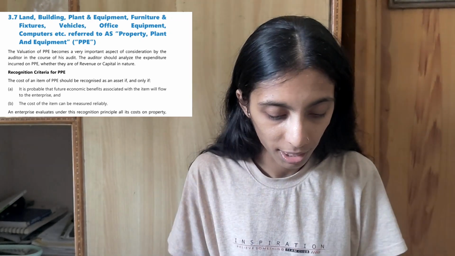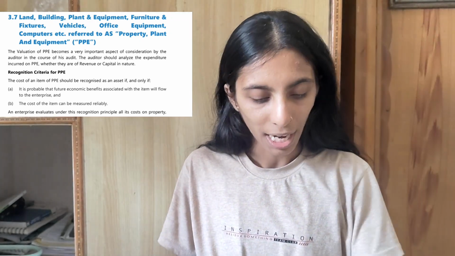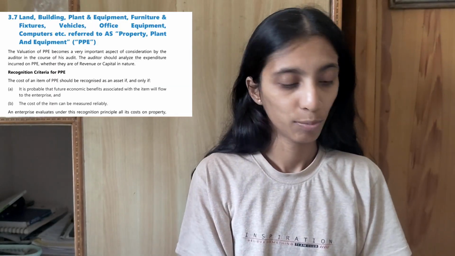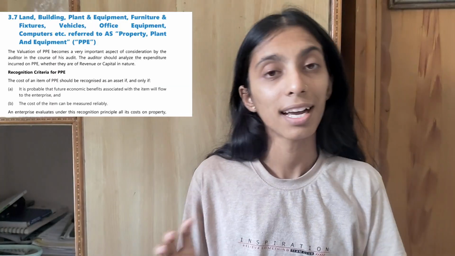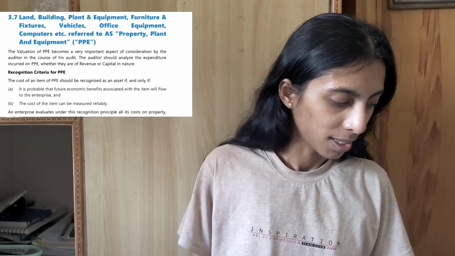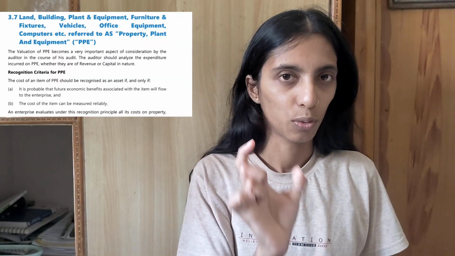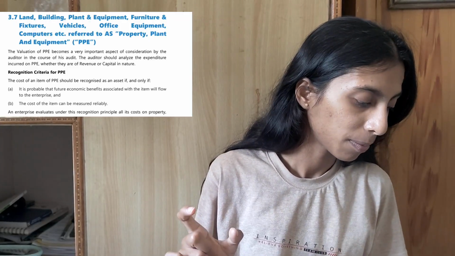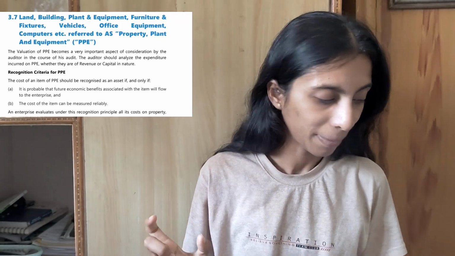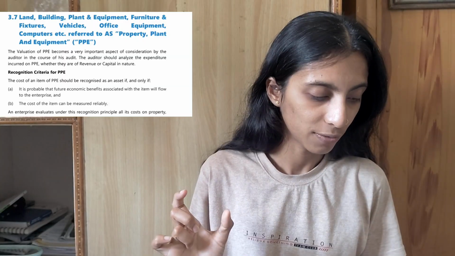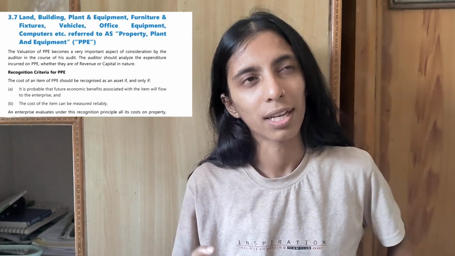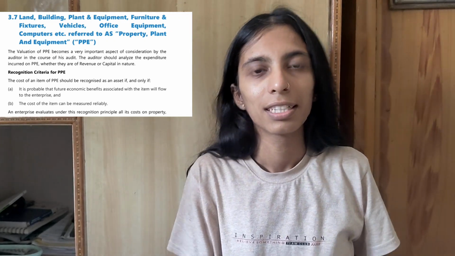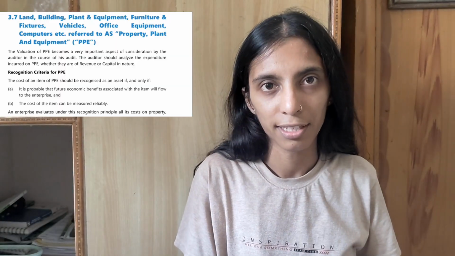The first thing is the cost of the item of PPE should be recognized as an asset only if it is probable that the future economic benefit associated with the item will flow to the enterprise, okay? If there is any future economic benefit, if there is any benefit for the firm in the long run, it can be considered as recognition criteria for PPE, okay?